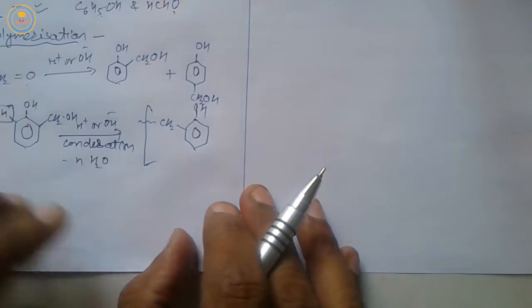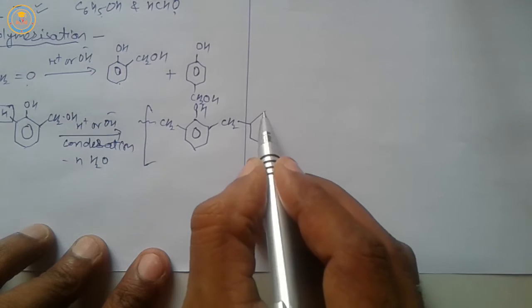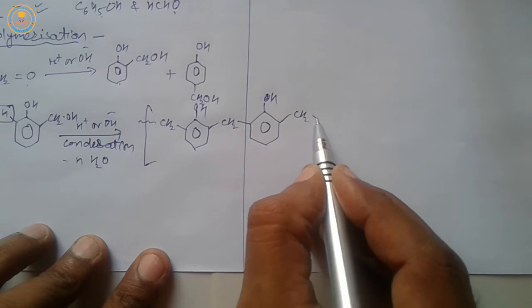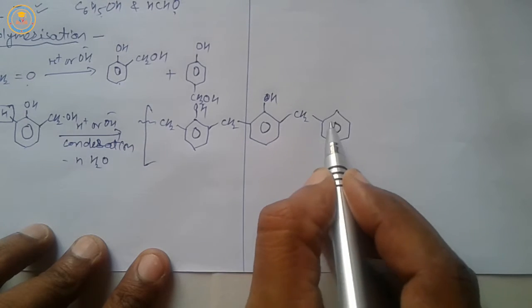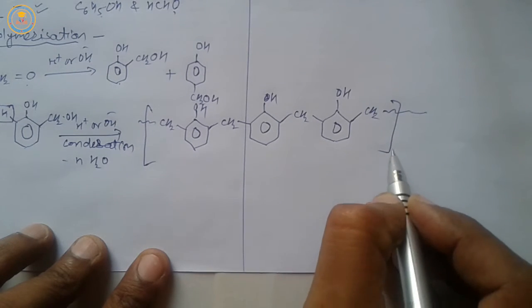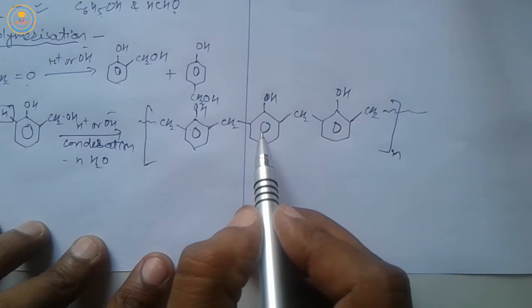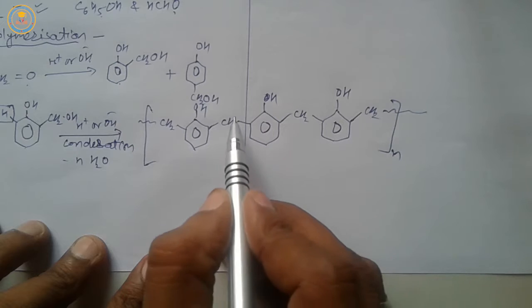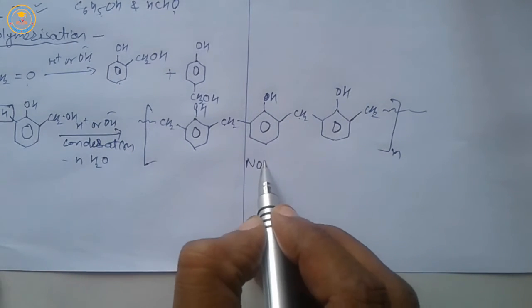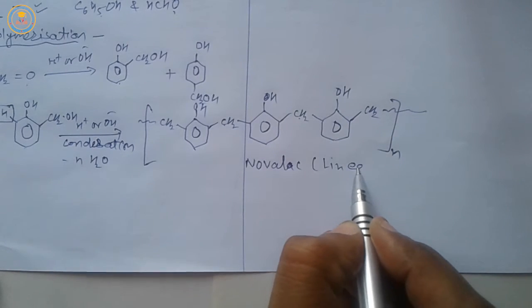A linear polymer is formed. In Novolac, rings are joined to each other through CH2 groups. It is called Novolac, a linear polymer.